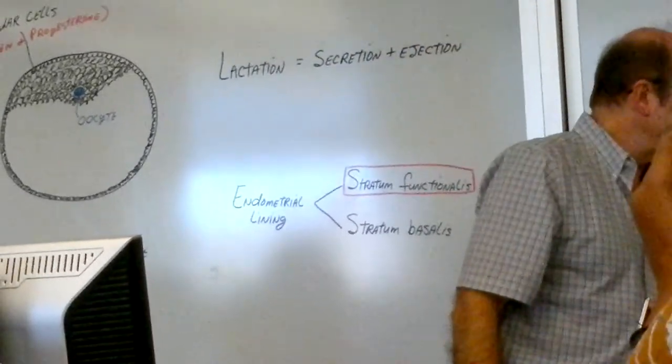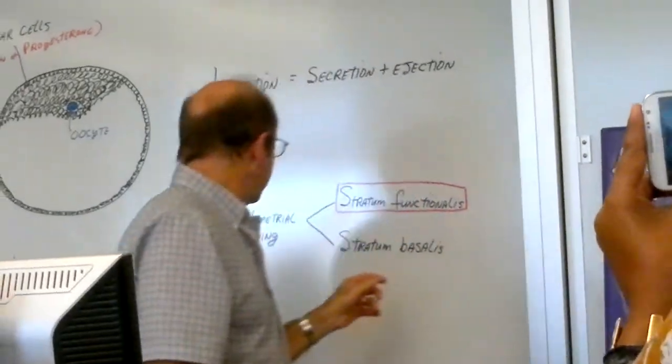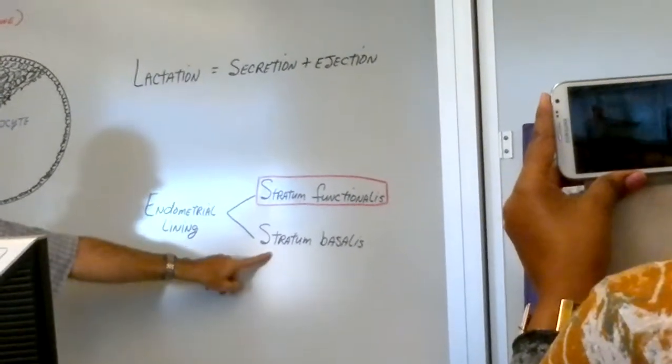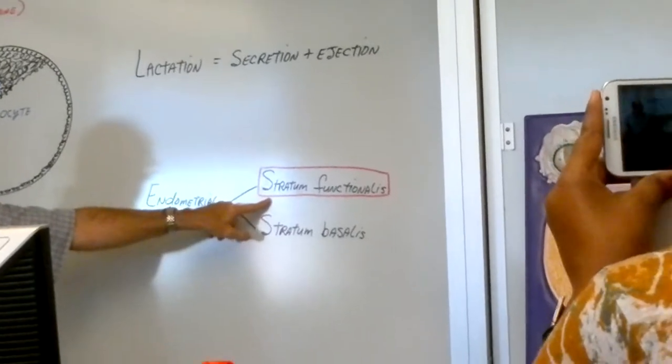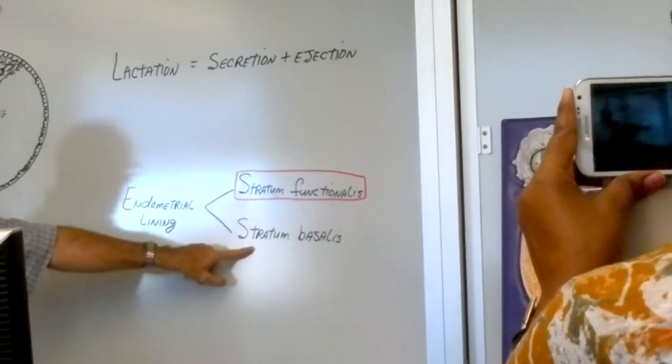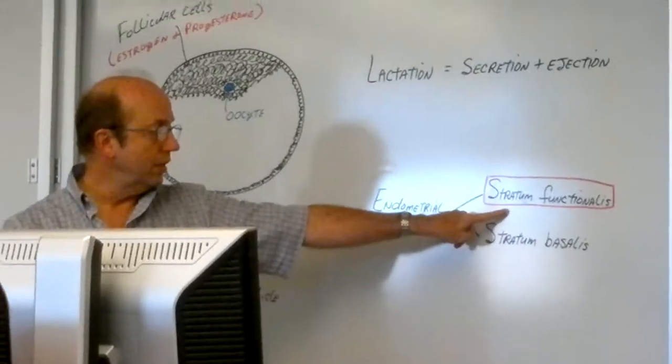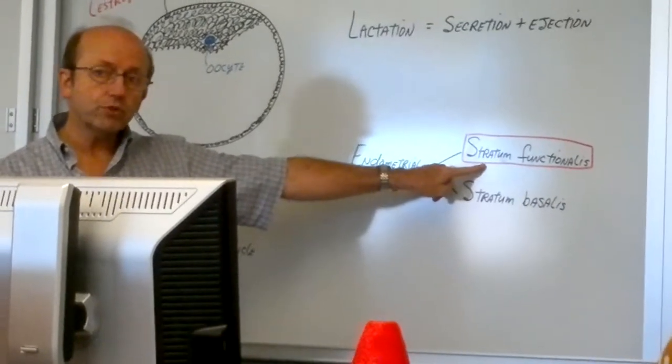I did this in lecture, showing you that this endometrial lining is made up of 2 parts, the stratum basalis and the stratum functionalis. The basalis is up against the smooth muscle, the myometrium. And every month it builds up a new layer on top of it called the stratum functionalis. There's a lot of blood vessels and glands and stuff in there.